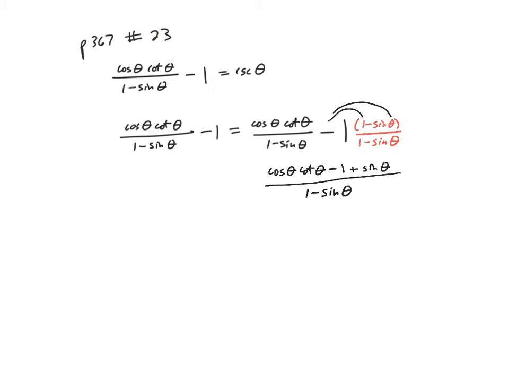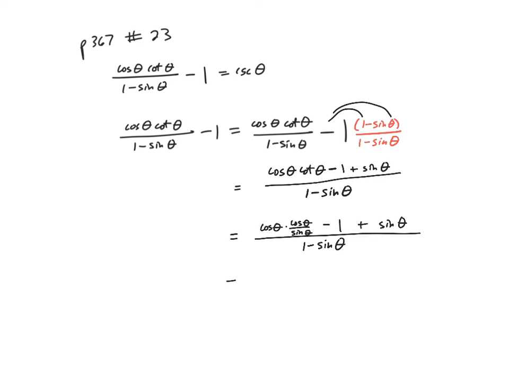Now, I'm going to change everything to sine and cosine because I don't know what else to do. So what that entails is it looks like the only thing that's going to change is I'm going to have cosine of theta, and then cotangent theta is really cosine of theta over the sine of theta. And then I've got minus 1, and the rest is going to stay the same, and the denominator stays the same.